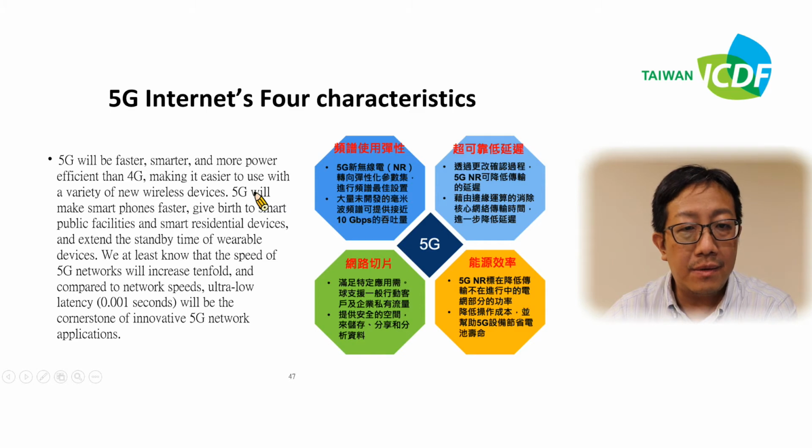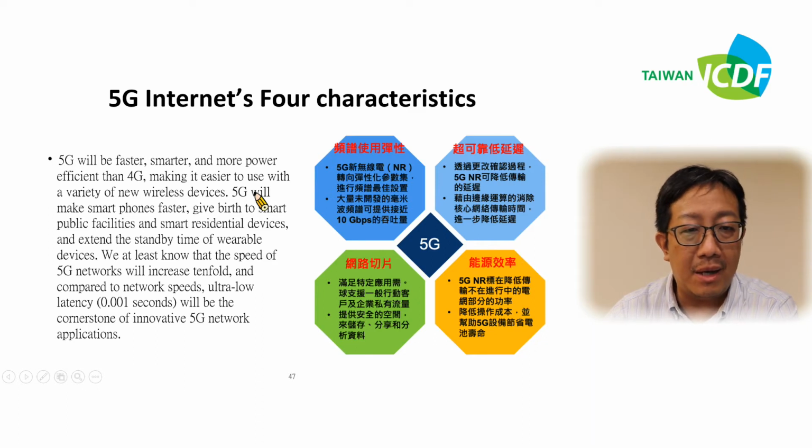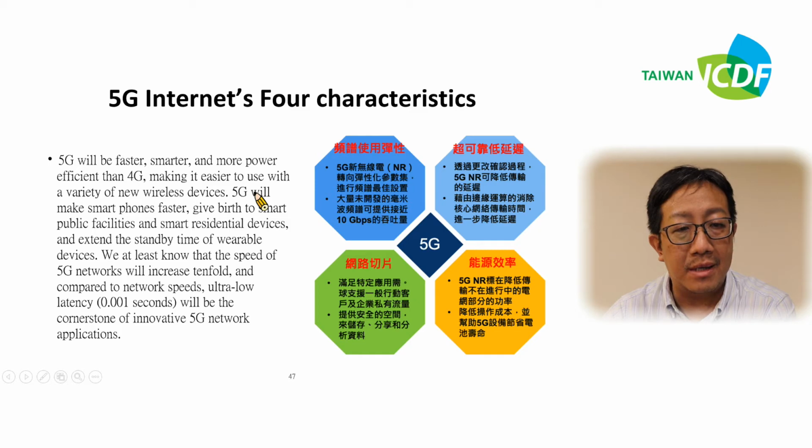We at least know that the speed of the 5G network will increase tenfold compared to the 4G network speed, and ultra-low latency will be considered the cornerstone of innovative 5G network applications.